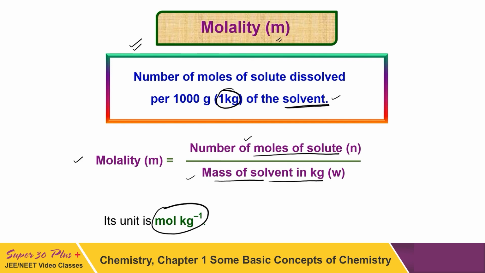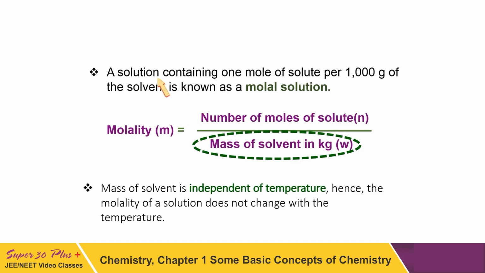So, molality is independent of temperature. It does not depend upon temperature. A solution containing 1 mole of solute per 1000 gram of solvent is called a molal solution. Remember, guys. If I say 1 small m HCl, what does it mean?